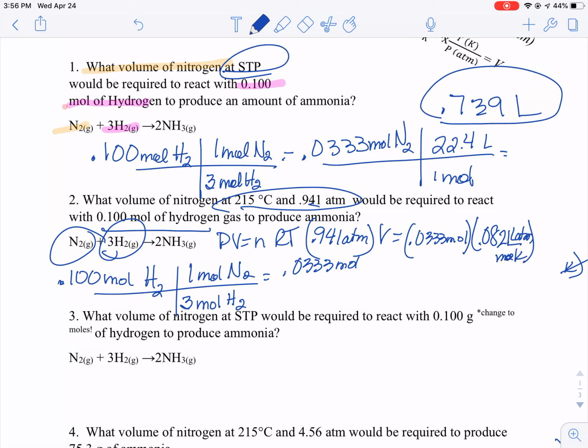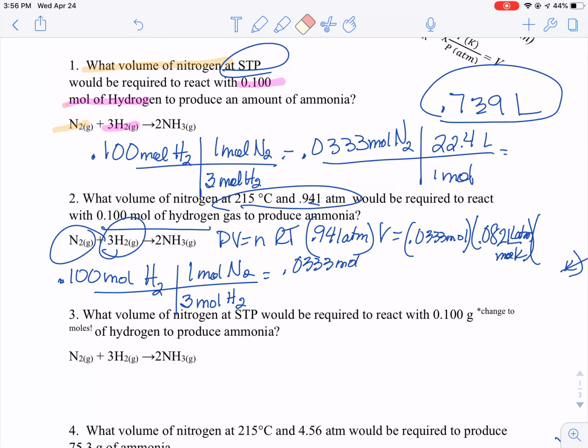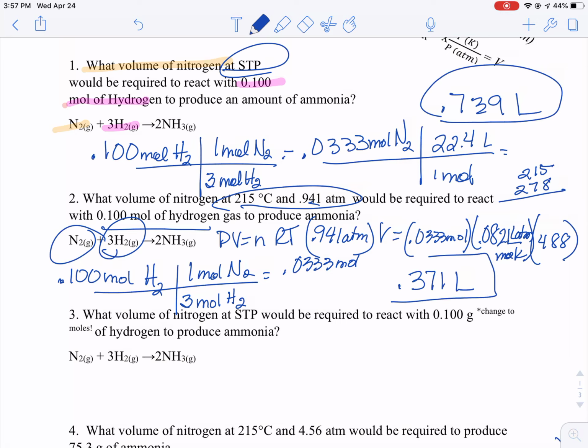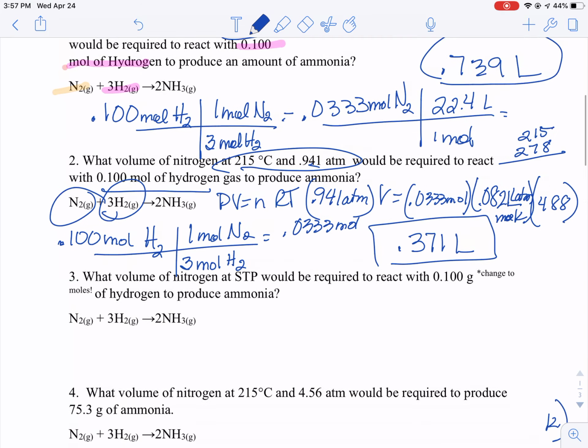And the temperature is in Celsius, so we need to change 215 Celsius to Kelvin, which comes out to be 488. And when I did the math on that, I found 0.371 liters. Again, check me. Make sure I did it right.